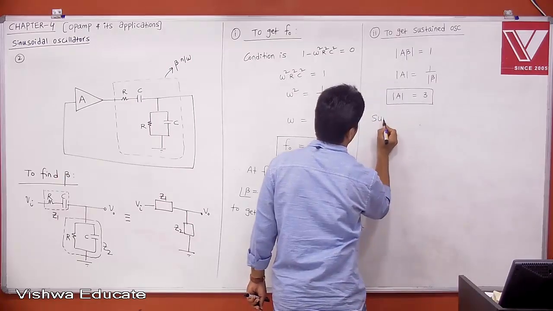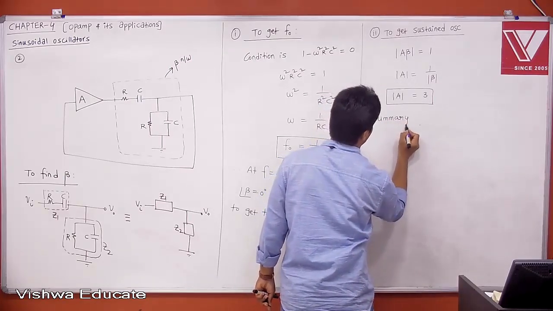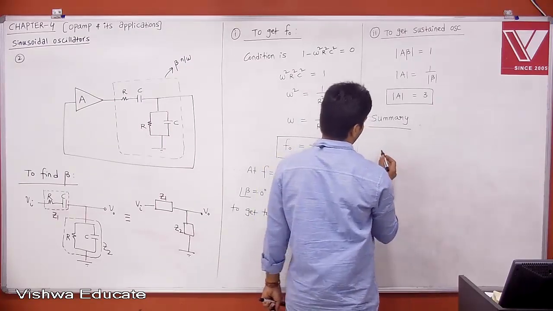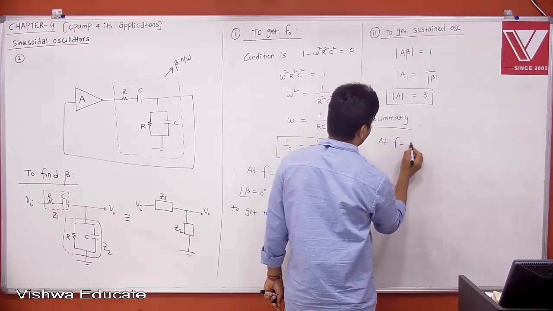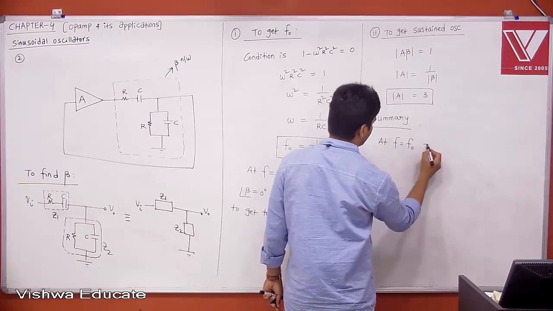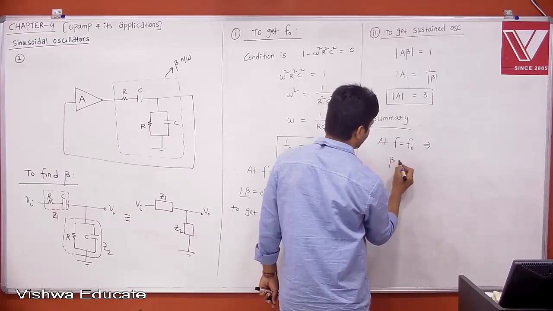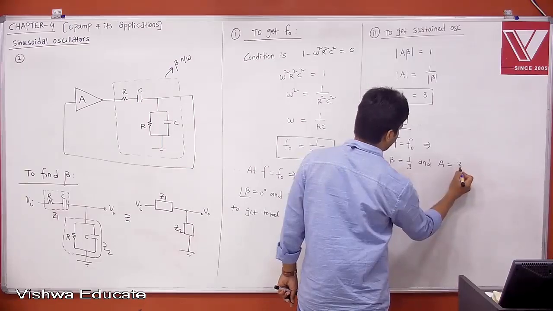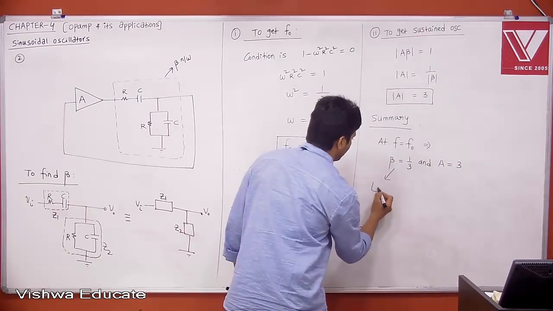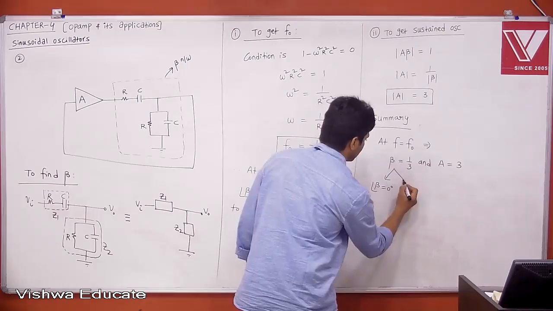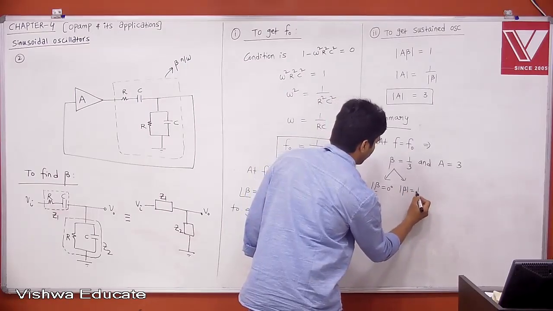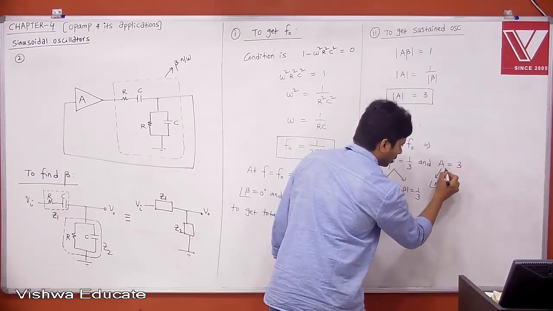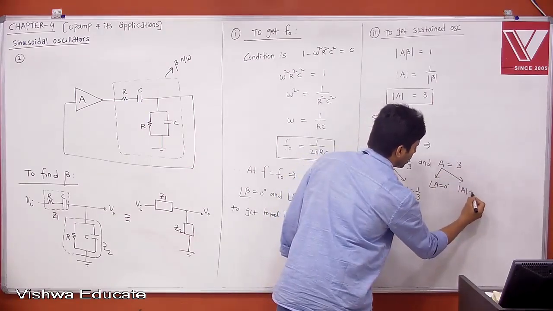For summary, whatever I told: at F is equal to F naught, your mod beta is equal to 1 by 3 and A is equal to 3. Therefore, your beta network angle of beta is 0 degrees and mod of beta is equal to 1 by 3. Similarly, angle of A is equal to 0 degrees and mod of A is equal to 3.